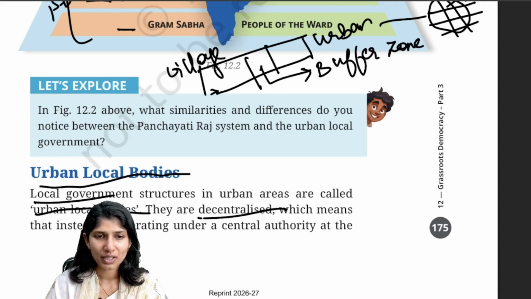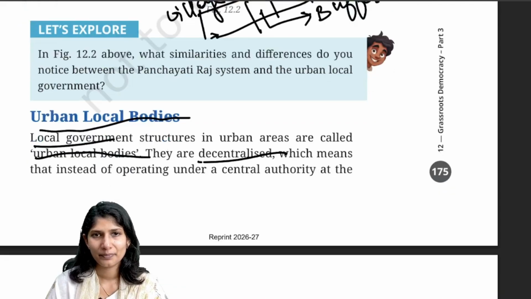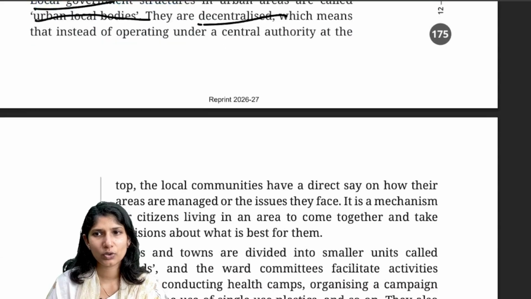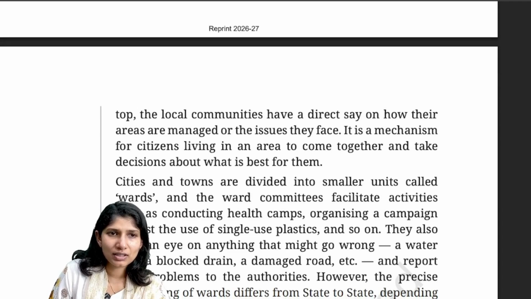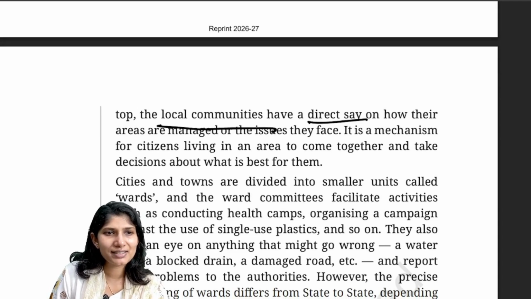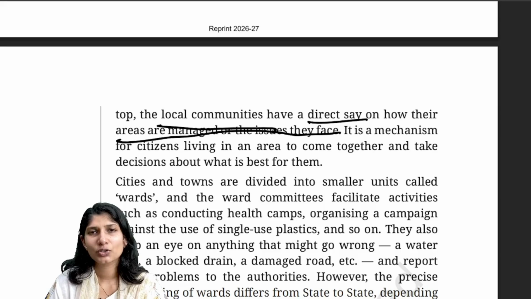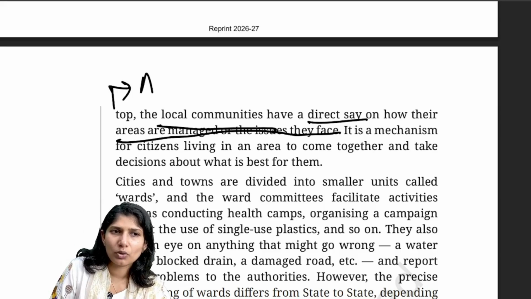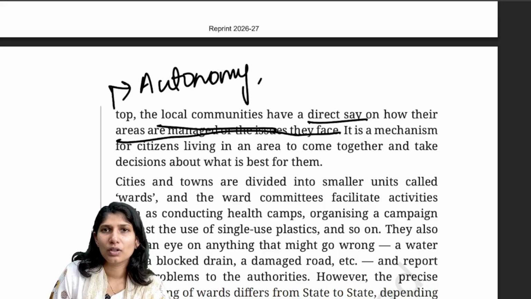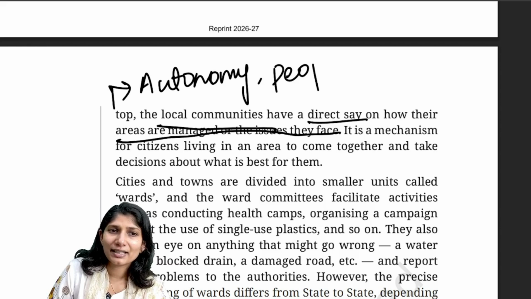Wherever we are going to call it an urban local body, the local communities have a direct say in how their area has to be managed in case of any crisis or issues, which means there is a large amount of autonomy, and also a large amount of direct people participation.